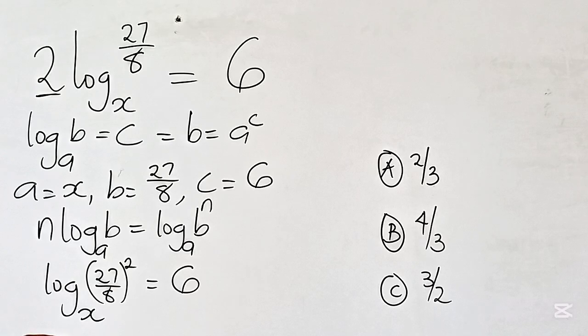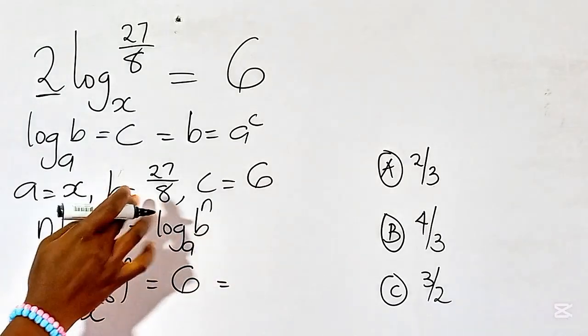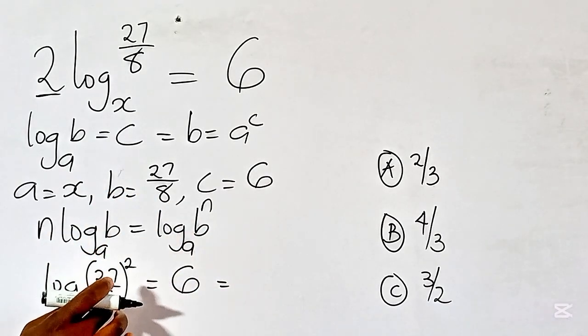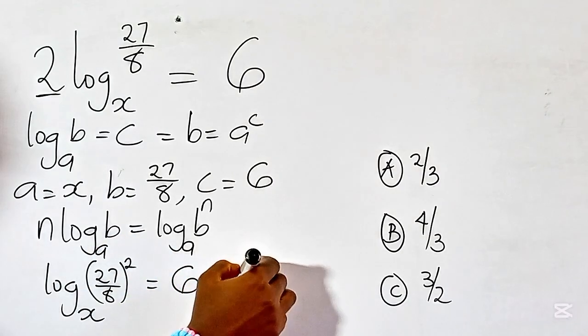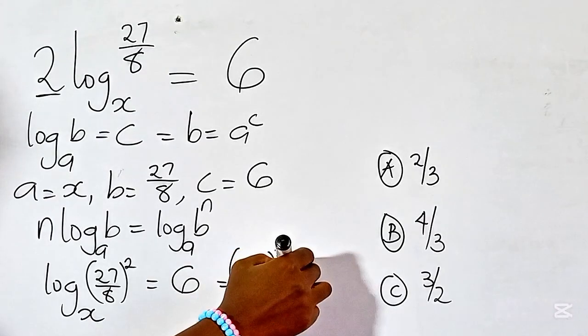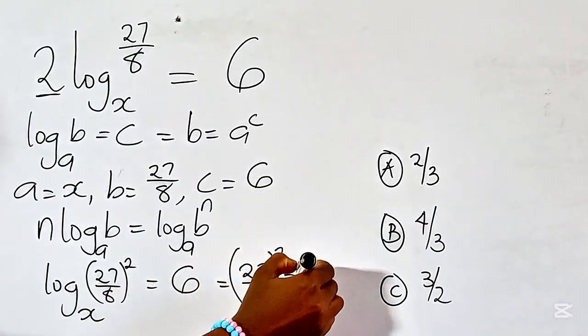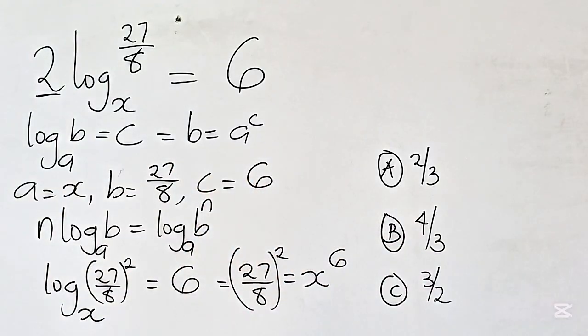So now that we have this, we can write it in its exponential form, where b now is 27 over 8 all raised to the power of 2. So we are going to have 27 over 8 all squared is equal to a, which is x, all raised to the power of 6. I hope you understand what I've done here.